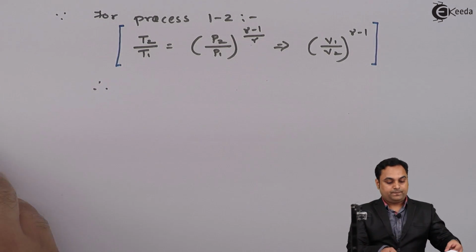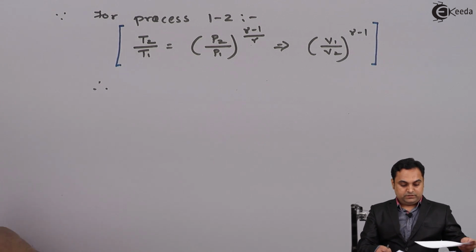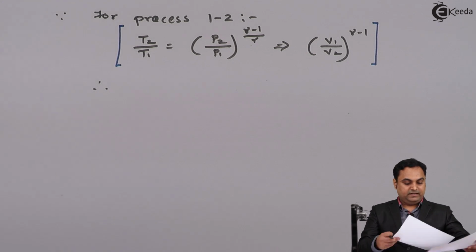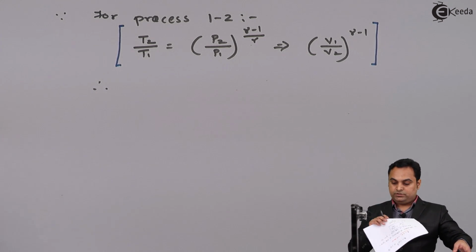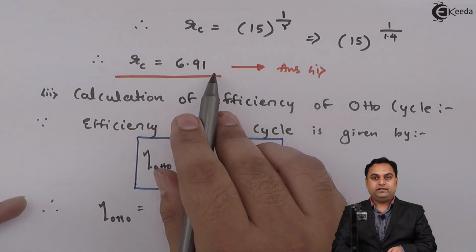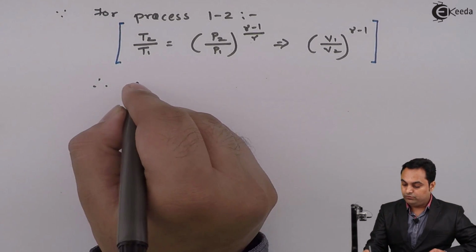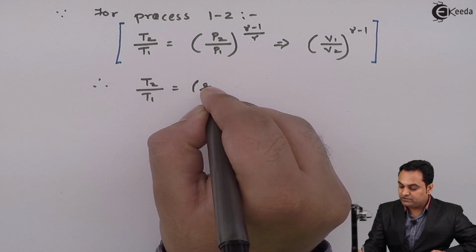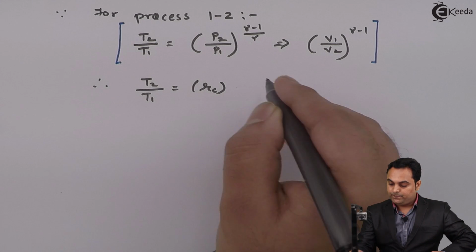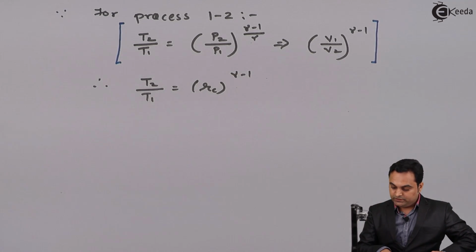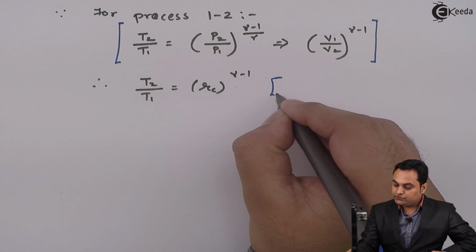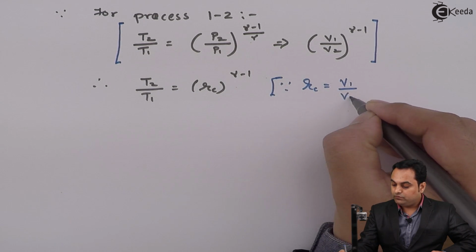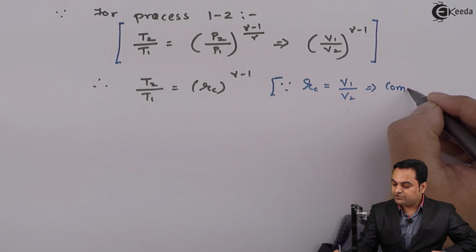So therefore the value of RC we had calculated, it was 6.91, and RC is nothing but V1 by V2. So T2 by T1 can be made equal to V1 by V2 is RC, that is compression ratio, raised to gamma minus 1. I'll write down, since RC is equal to V1 by V2 and it is called the compression ratio.